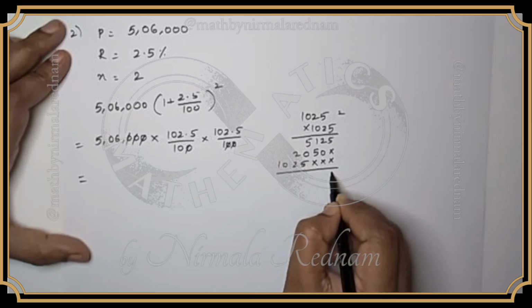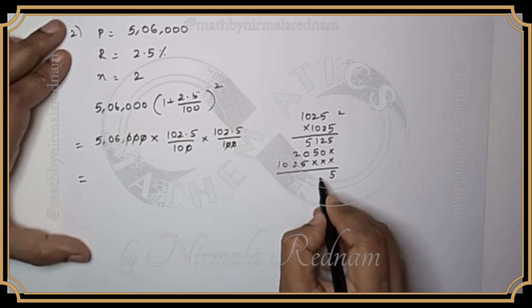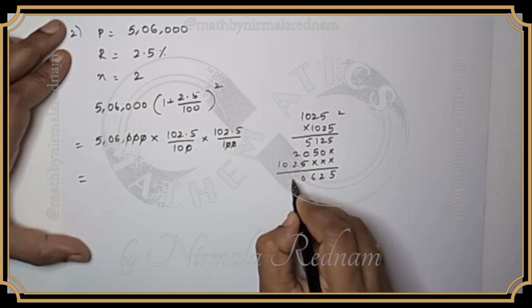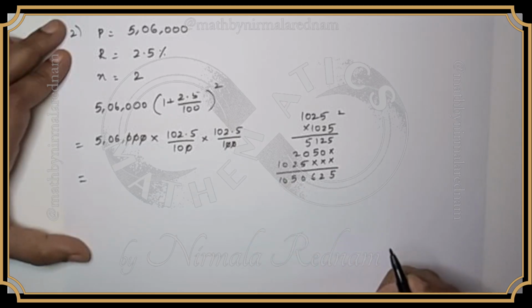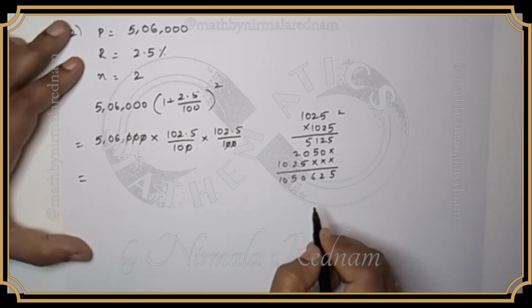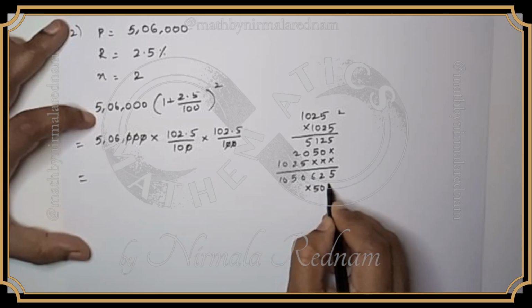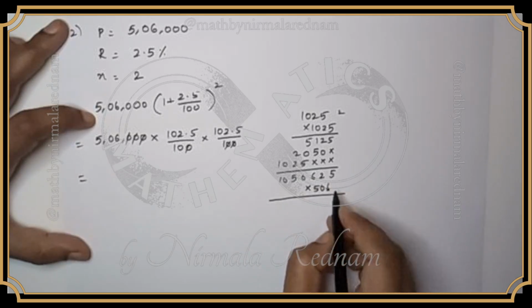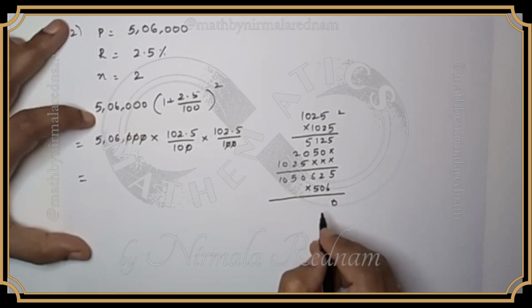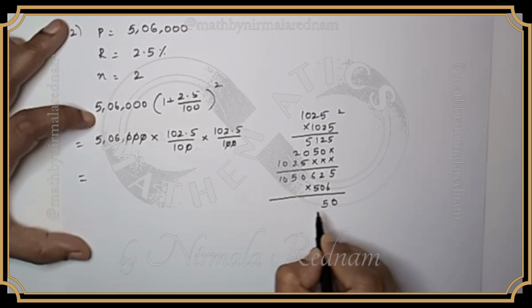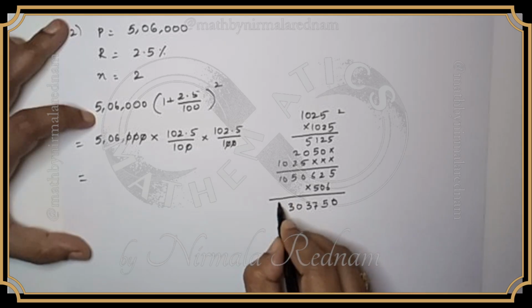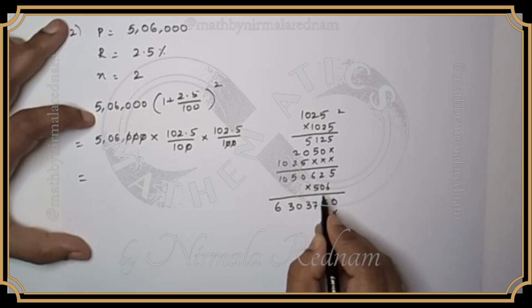So if I add these, I'm going to get 1050625, and then I have 506 here. 6 5s 30, 6 1 6. Again 2 zeros because I have a 0 here.